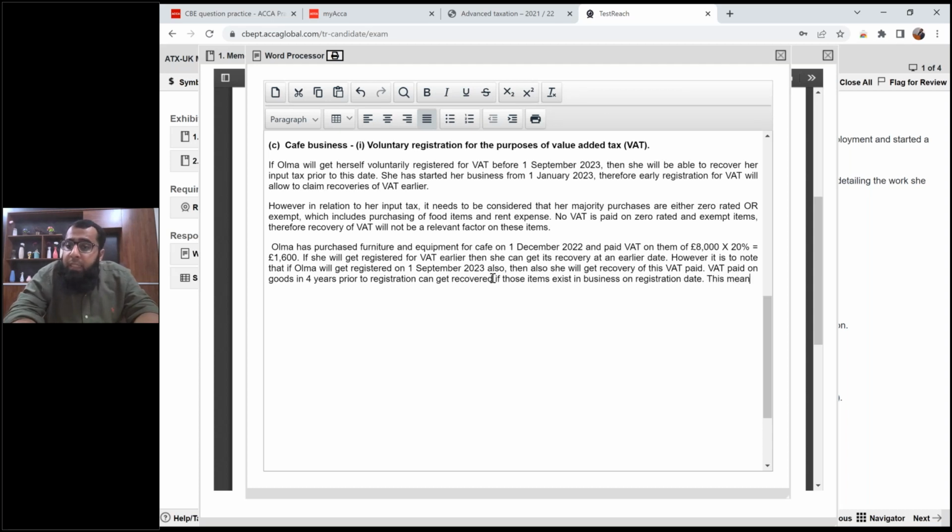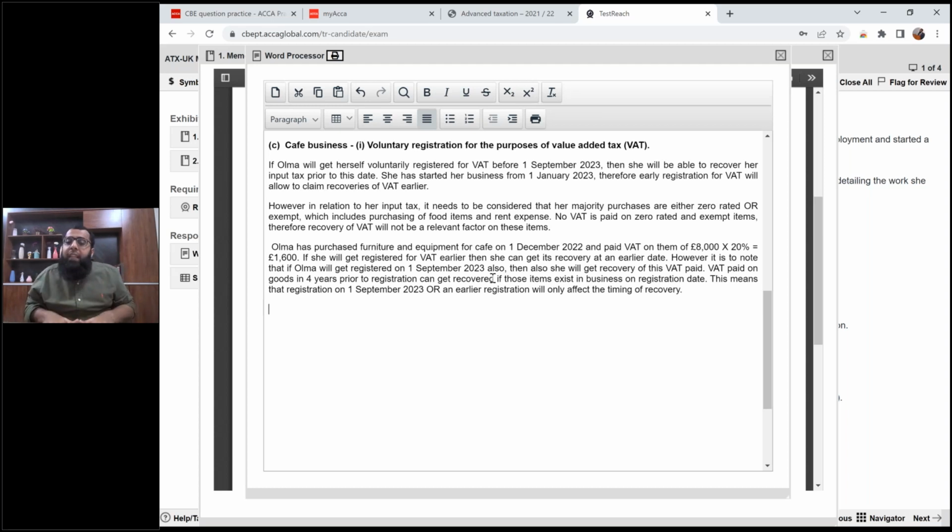Okay, this means that registration on 1st September 2023 or an earlier registration will only affect the timing of recovery. Because if you get registered earlier, you will get recovery earlier. If you get registered on September 23, then also you will get recovery, but that will be a recovery on September 23. So it will only affect the timing of the recovery, nothing else will get affected.